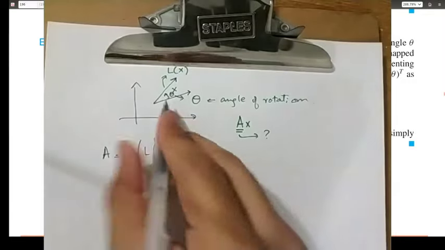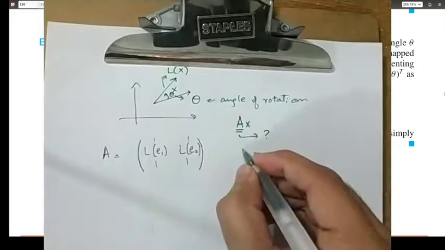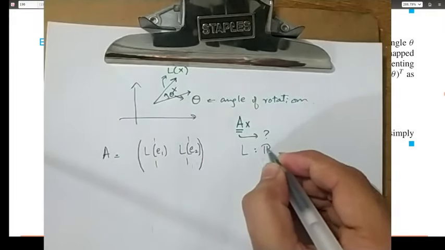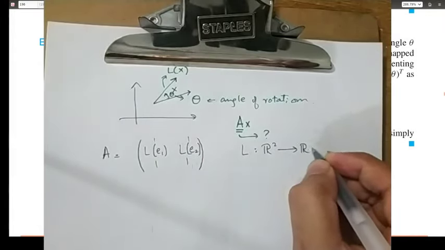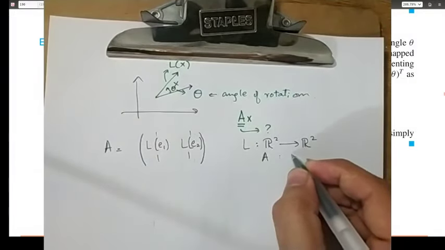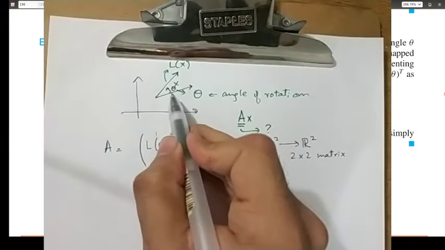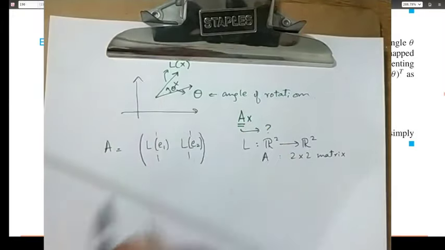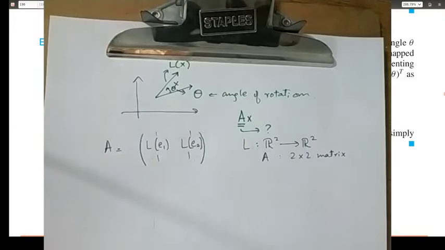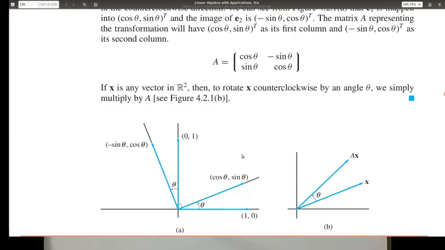Notice that L takes a vector from R2 to R2, so A will be a 2 by 2 matrix. It's actually a linear operator, and so the way you do that is to simply see what's happening to the standard basis vectors.